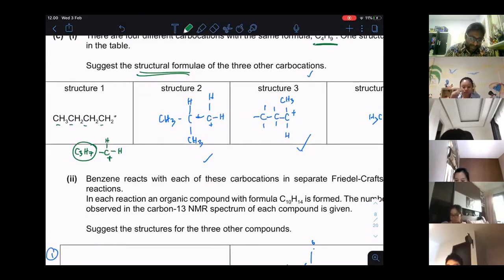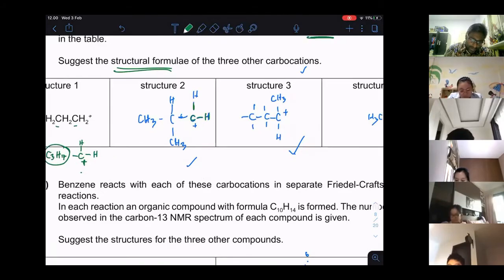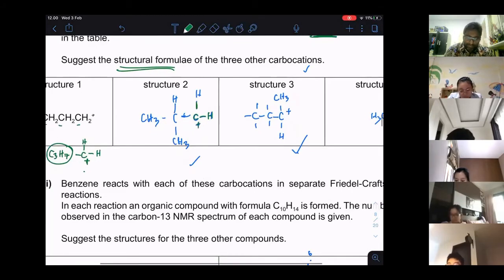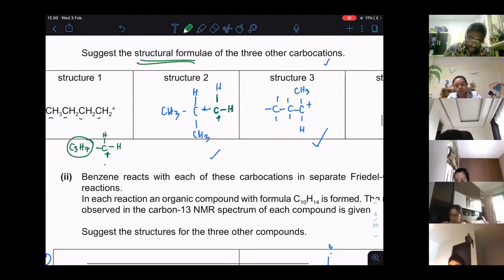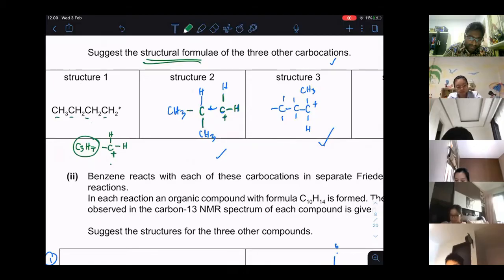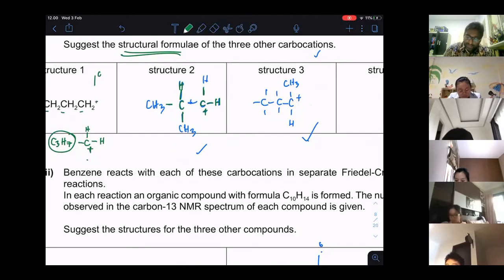Using the same method, I can break that C3H7 into CH3 going here, CH3 going there. This is another carbocation, but it is still a primary carbocation.